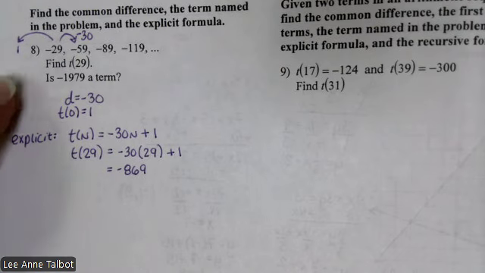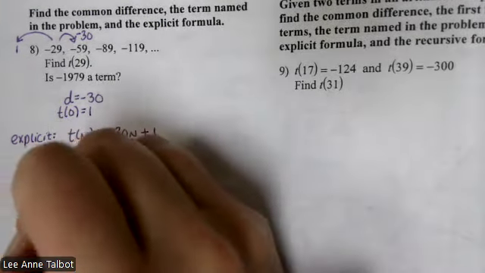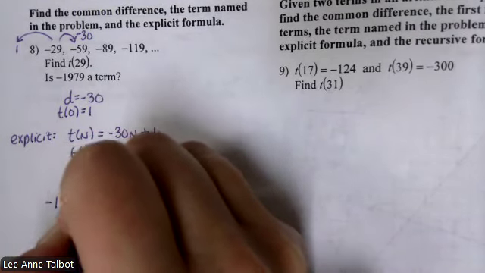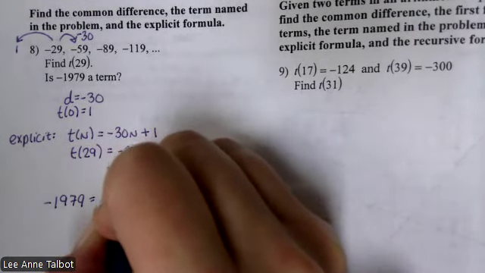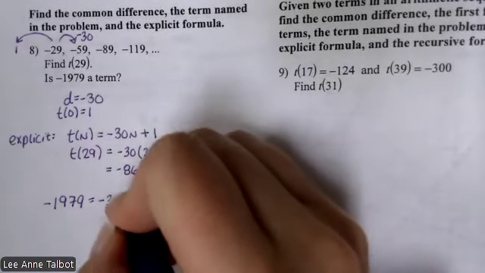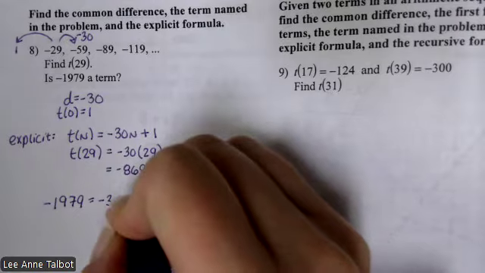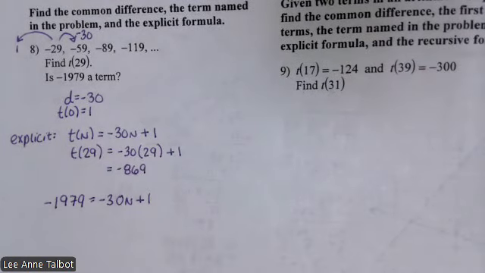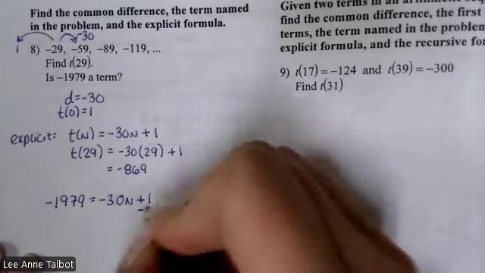Okay, and then it says, is negative 1979 a term? I kind of feel like it should be.